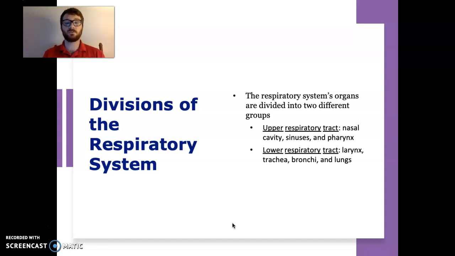The lower respiratory tract contains the larynx, your voice box, so to speak. So right about here, the trachea, the tube going down to your lungs, the bronchi in the lungs. And of course, they are separated right at this point in your throat where the pharynx and larynx meet. Anything pharynx or above is upper. Larynx or below is lower.